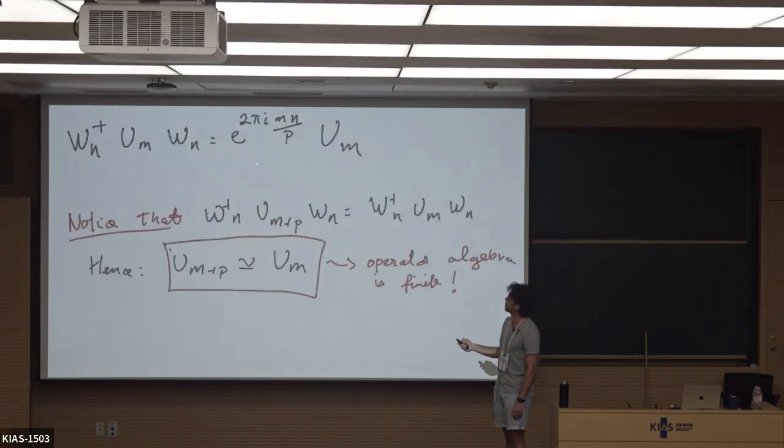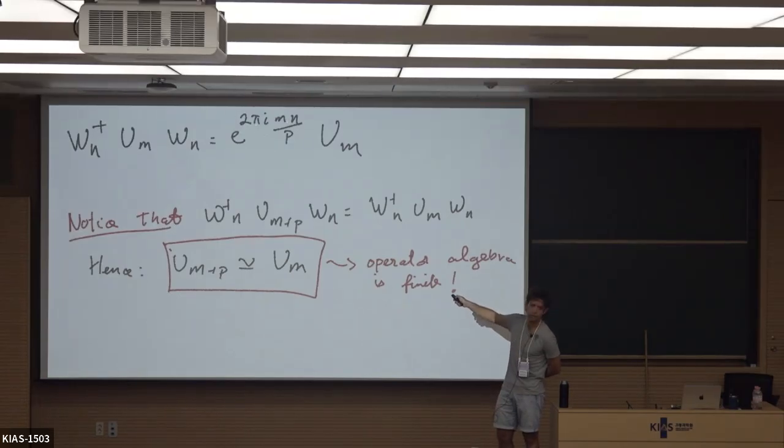Okay. So now I was getting to the fact that not all of these U's and W's are independent. In fact, if I shift this m by p, the coupling constant, which is an integer, then notice that this phase shifts by 2 pi i n. N has to be an integer. So the phase shifts by 1.